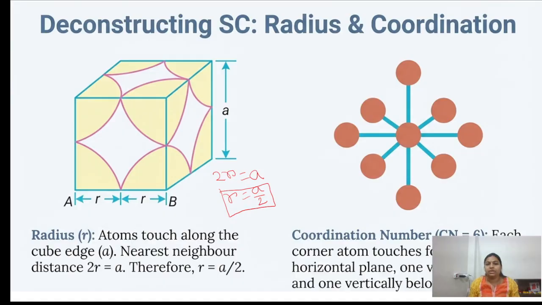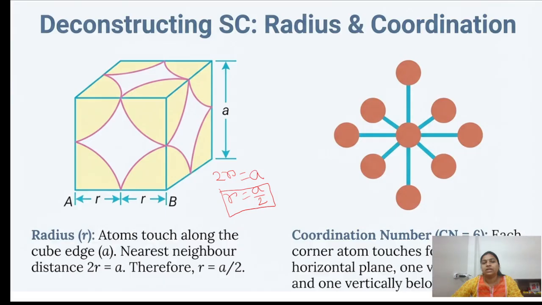Now coming to the coordination number. In this diagram, each corner atom touches 4 atoms in its horizontal plane, one vertically above and one vertically below.